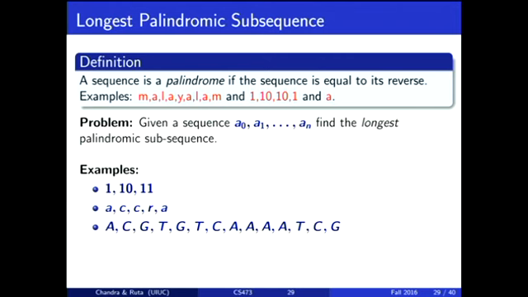How many substrings are there of a string of length n? n choose 2, or something like that, right? I choose one index and another index which is bigger than that. The number of substrings is only roughly n squared.